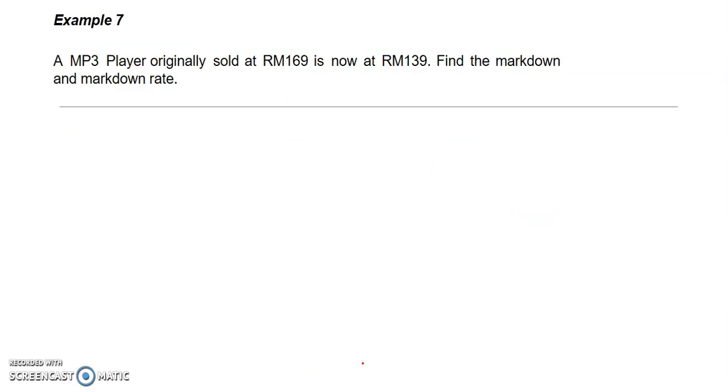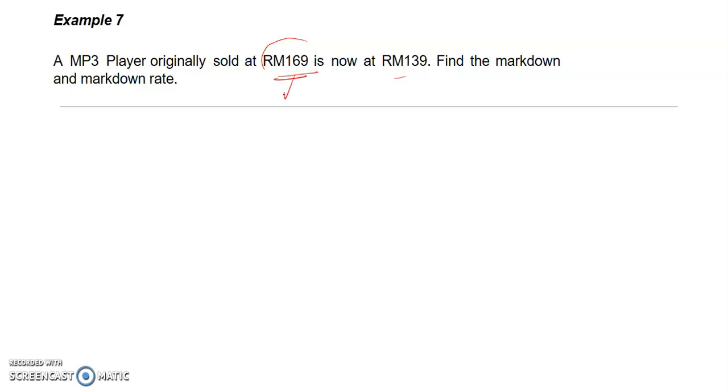Okay, let's write this example. An MP3 player originally sold at 169 ringgit is now 139 ringgit. Find the markdown and markdown rate. So harga asalnya 169 ringgit. Okay, sekarang harganya 139 ringgit.